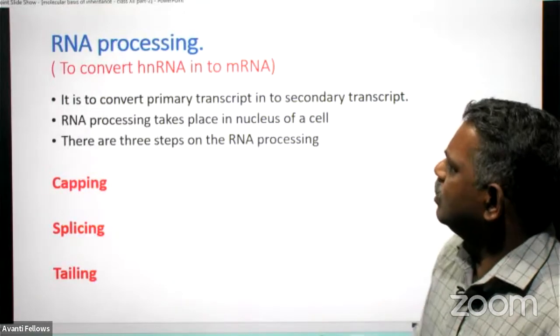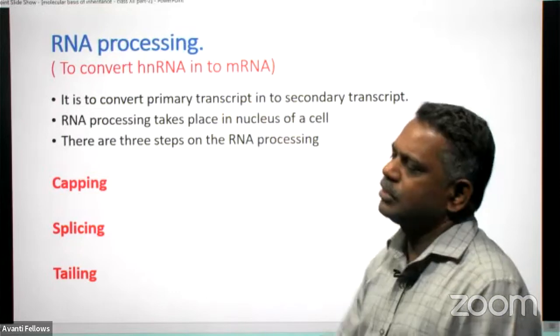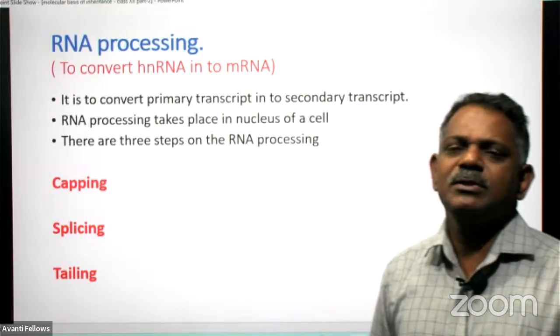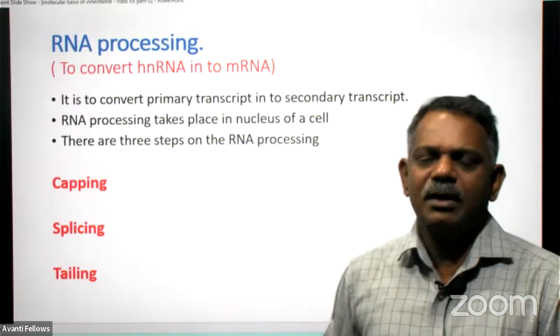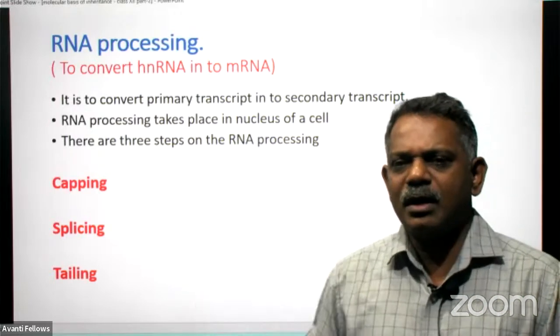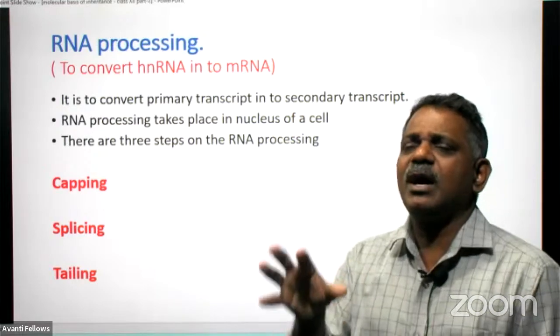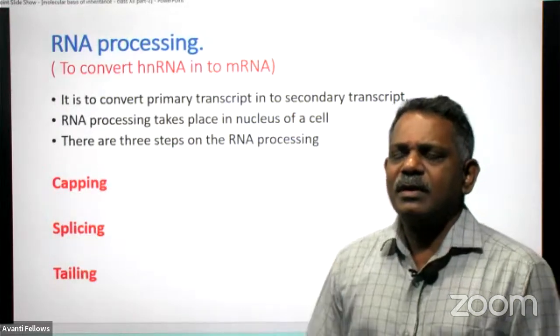So come to RNA processing. How does it go for processing? Processing means conversion of hnRNA, heterogeneous nuclear RNA, into a matured RNA, because only the matured RNA can go for translation.